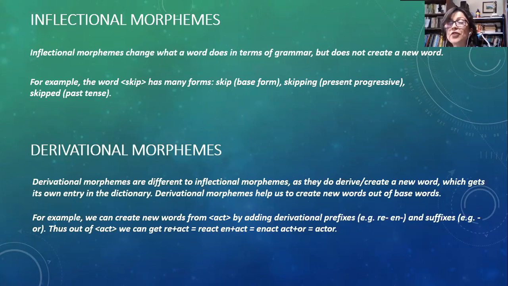We can create a new word from act by adding derivational prefixes, for example re or en, and suffixes, or. Thus, out of act, we can get re plus act, react, and en plus act, enact, or the suffix or, so you have act, actor.